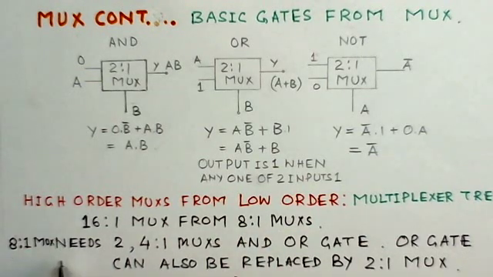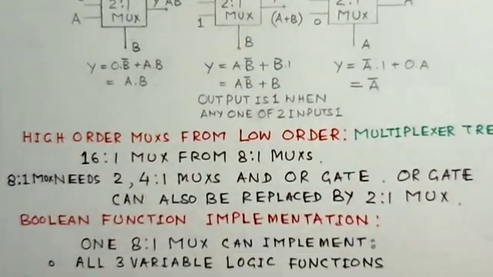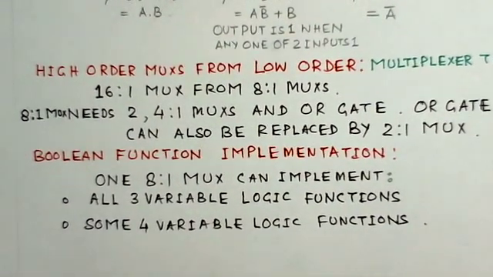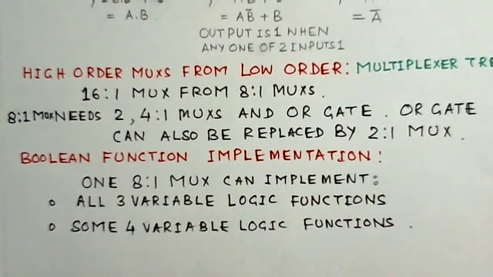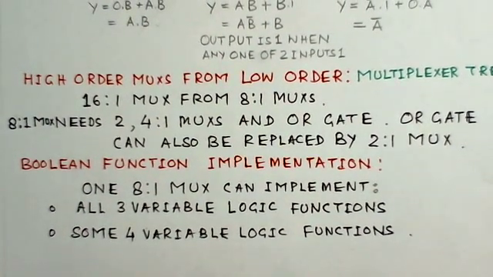Similarly, if we have an 8:1 mux, it will need 2 4:1 multiplexers and an OR gate. The OR gate can also be replaced by a multiplexer like a 2:1 multiplexer. That you could see, because we have seen that you can equivalently do the function of an OR.